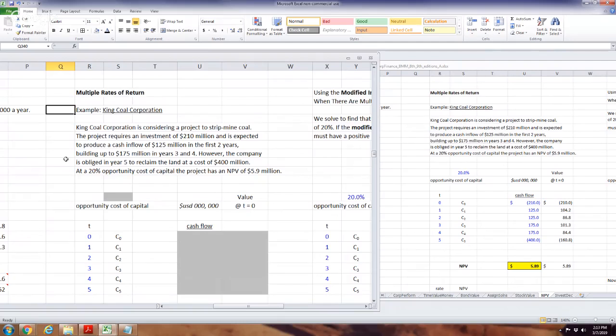It says reclaim land, but what's better is having to rehabilitate it. Because if you already own the land, how are you reclaiming it? I didn't really understand their perspective on this, unless they sold the land to someone for 210, mined it, got the cash flows, and had to buy it back.